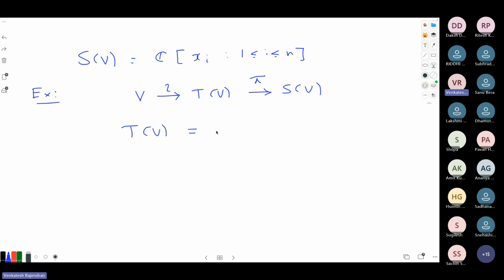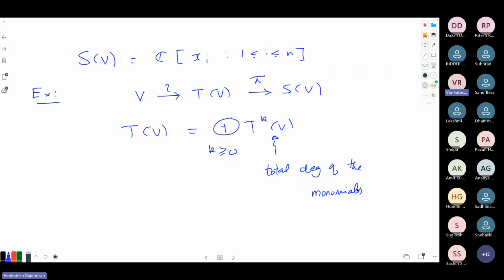The grading was already specified in the very beginning, which is exactly the direct sum of Tk of V, k greater than or equal to 0. This comes from the total degree of the monomials.